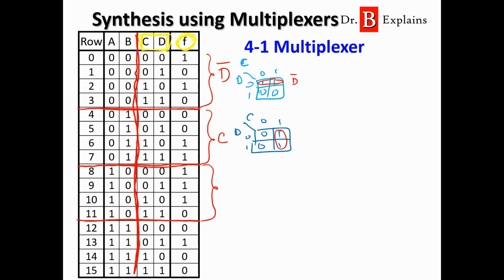What about this next one? 1, 1, 1, 0. For that one, I need this one and this one, right? So this one is D naught, and then this one is C naught. So in this case, we have D naught plus C naught.